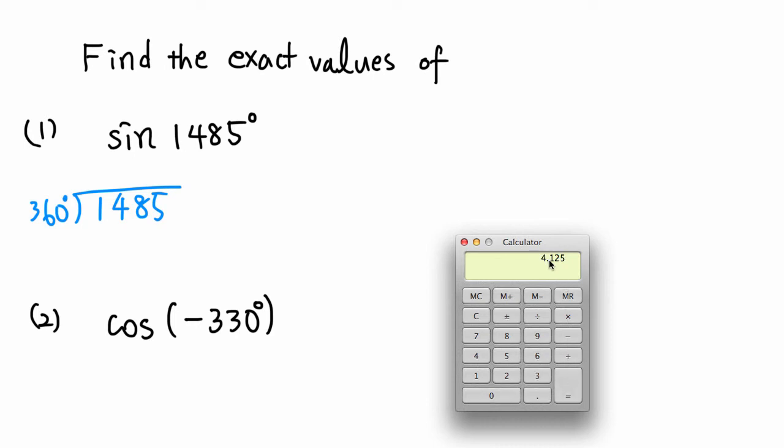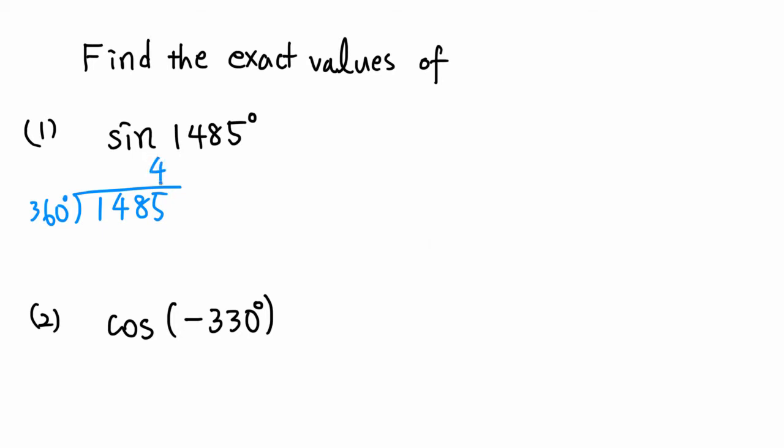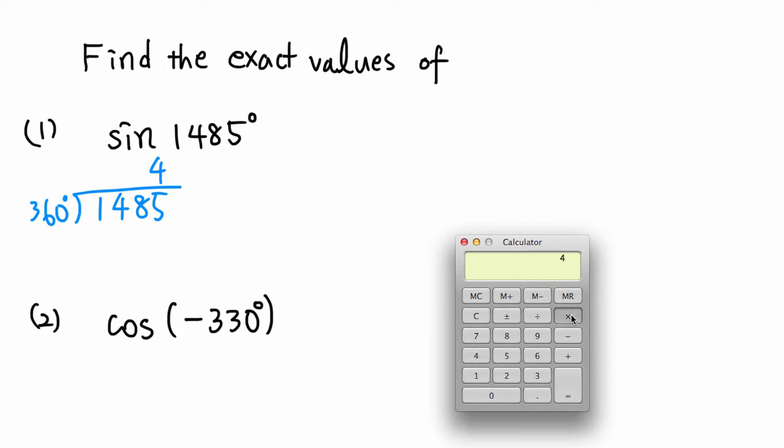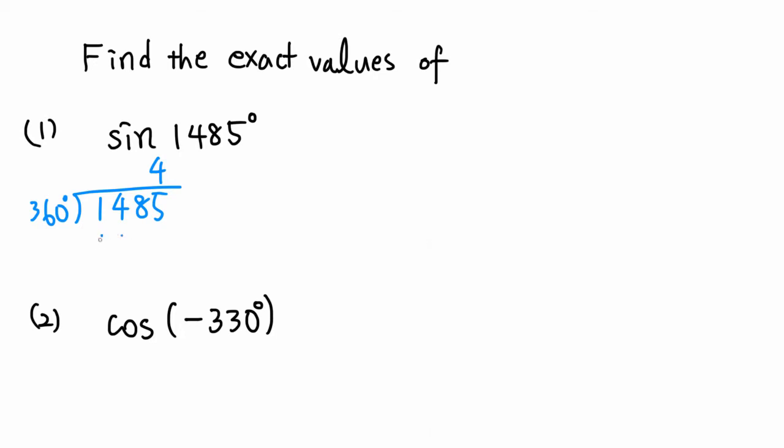It's a little bit more than 4, so 360 degrees goes into this number 4 times. And 4 times 360 is 1,440. If you subtract these numbers, we get 45. So it means that 360 degrees goes into this number 4 times and 45 remains.